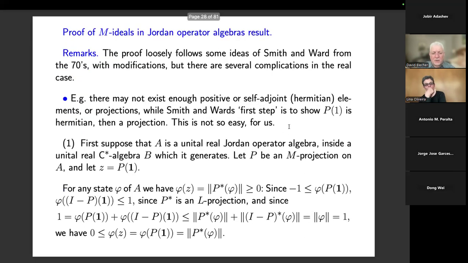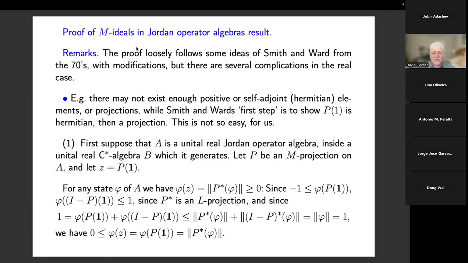So we'll need that because I wanted to just talk briefly about the proof of the M ideals in Jordan operator algebras result. I guess they say that every talk should have one proof, maybe just to give a flavor of some of the ideas.